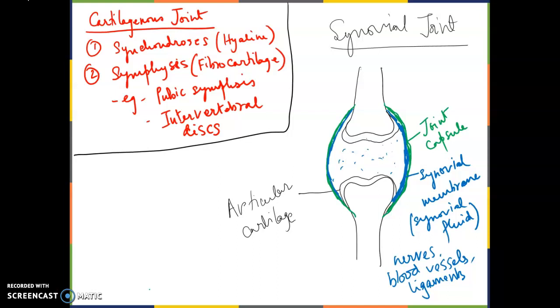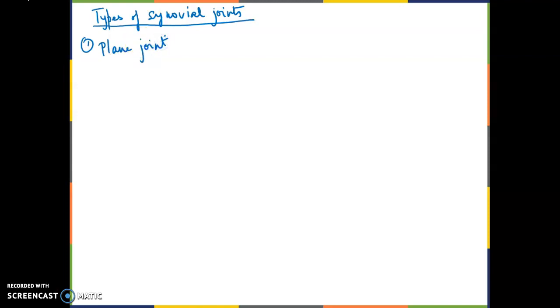Now we are moving on to the different types of synovial joints. So let's talk about the different types of synovial joints. The first one is called a plane joint. A plane joint is a very simple type of joint where we have movement in one direction only.